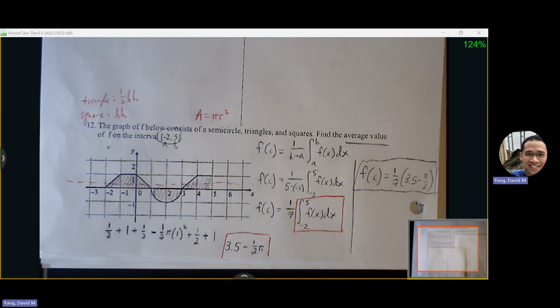We pretty much went through everything on that list. I didn't go over even and odd functions. We can do that some tomorrow. We do need to start our calculator portion, but we can review even and odd functions. I didn't do trig, so we can do that tomorrow for practice as well.